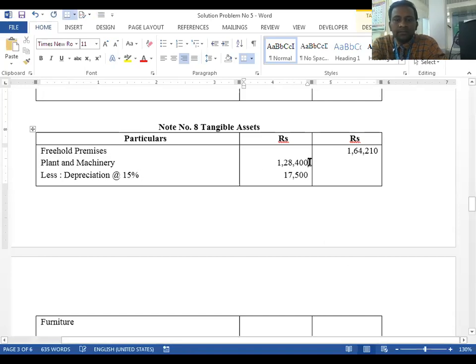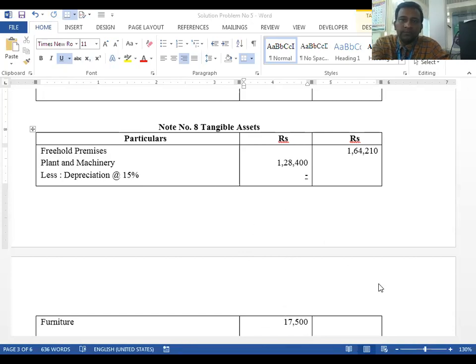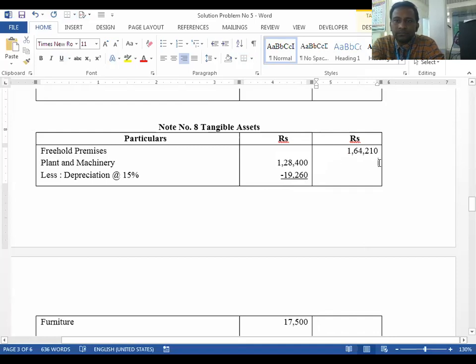Okay, tell me the answer. 15% of 1,28,400 is 19,260. 19,260 is the amount of depreciation. And 1,28,400 minus 19,260 is 1,09,140.